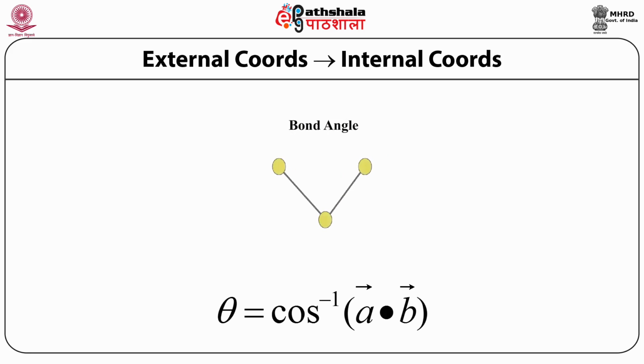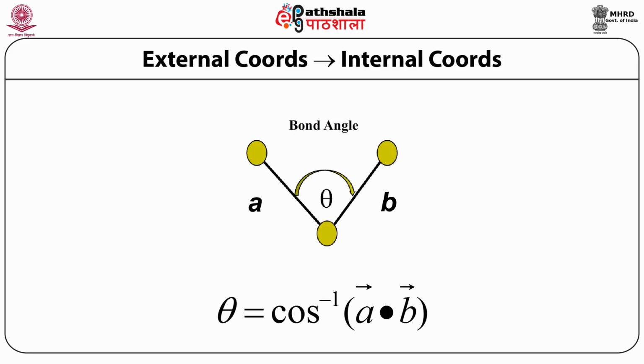Now let's take the bond angles. Again, given three atoms which are connected, I can define each of these bonds using some vectors, vector A and vector B. In that case, the bond angle is nothing but the angle between these two vectors and is given by the inverse cosine of the dot product of these two vectors. Now the dot product, as many of you know, is rather simple to calculate, and finding out the inverse cosine is also fairly easy.